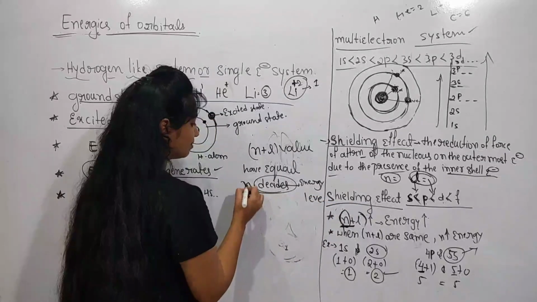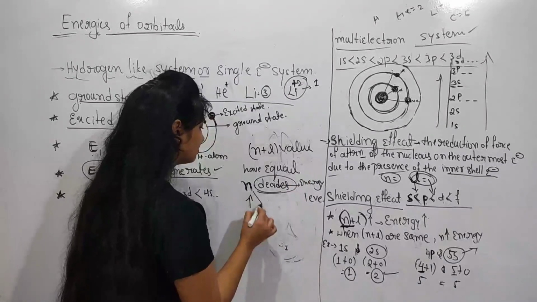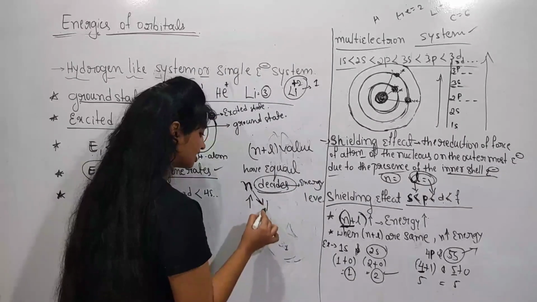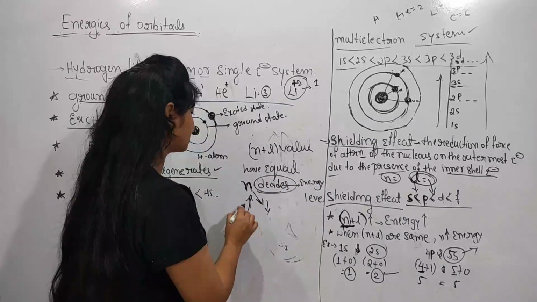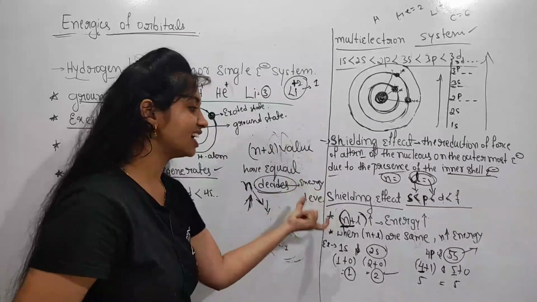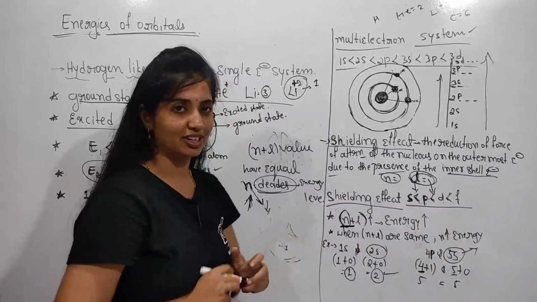If the principal quantum number is high, then that energy level is high. If the principal quantum number is low, then its energy level is low. So the principal quantum number decides the energy level when the n plus l value is equal.